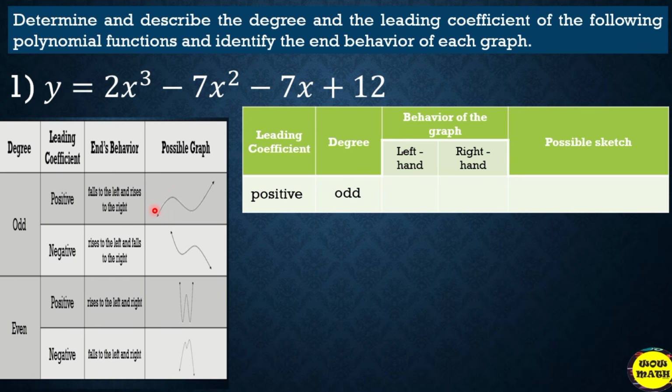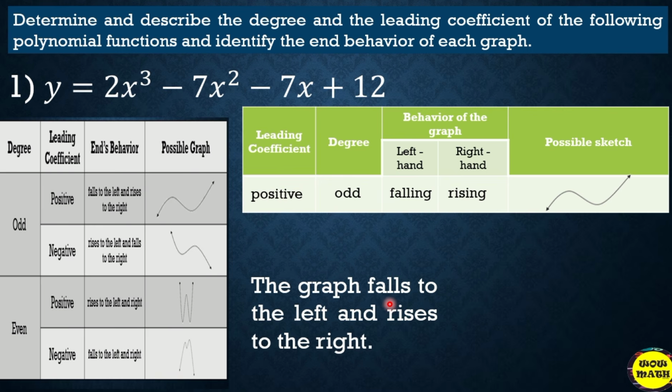So, yung end nung graph doon sa left hand ay pababa. Okay, so ibig sabihin falling yung graph natin sa left side. And then sa right side, it rises to the right. So, ito yon. So, pataas. So, that is rising. So, the possible sketch, ganyan siya. Okay? So, therefore, the graph falls to the left and rises to the right.